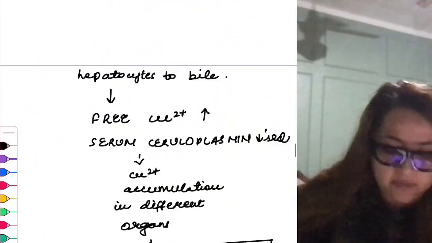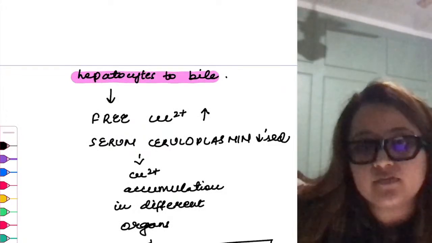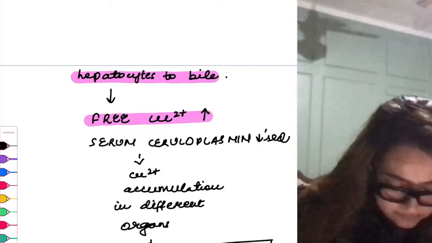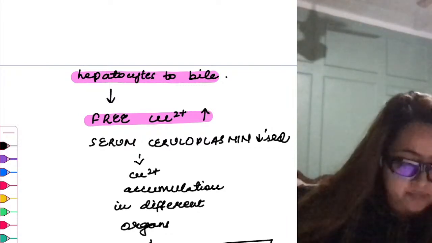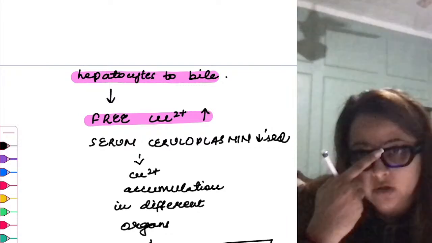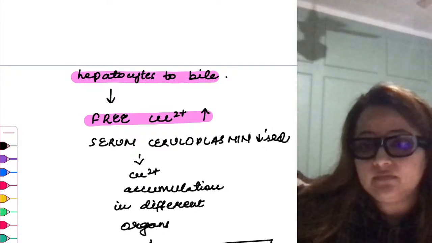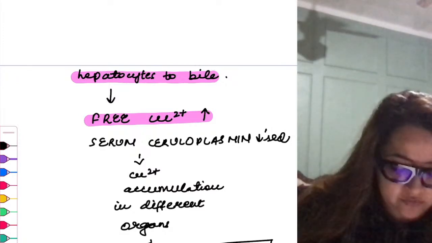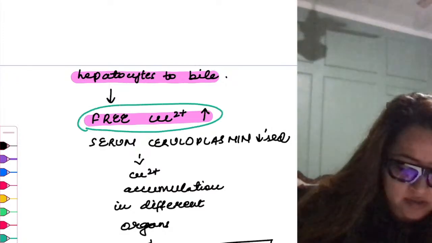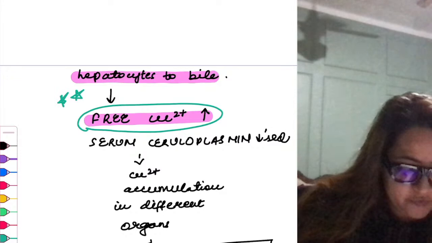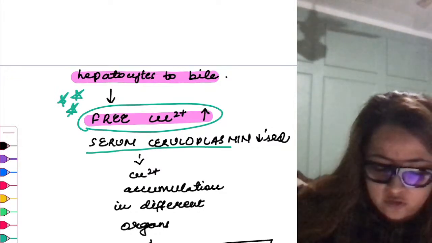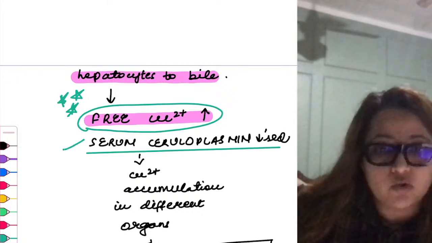So remember this, from the hepatocytes to the bile, the copper transport is inhibited. So ultimately, what happens to the free copper levels? They are high. So second point, since we talked that the serum ceruloplasmin levels are low in case of Wilson, similarly, I can ask you what happens to the free copper levels in case of Wilson. Your answer here is free copper levels are increased. Serum ceruloplasmin levels are decreased. We have discussed this already.